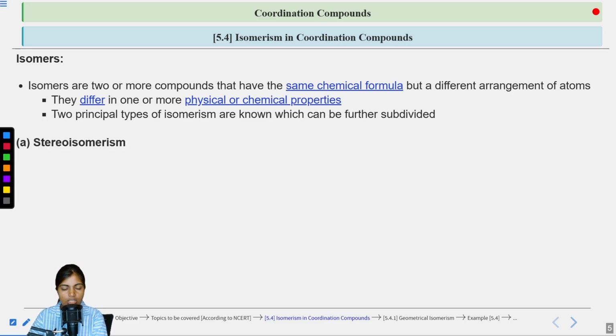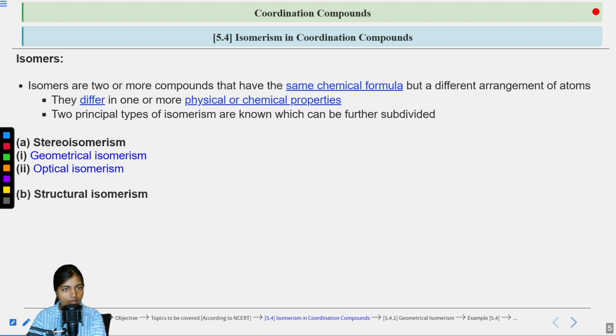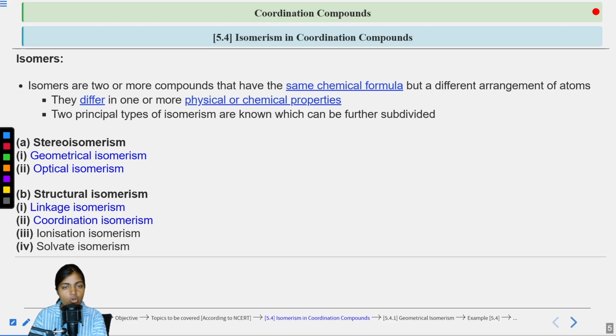The first principal type is stereoisomerism. In this, we cover the first type of isomerism as geometrical isomerism, then optical isomerism. The second principal type is structural isomerism, which we can subdivide into linkage isomerism, coordination isomerism, ionization isomerism, and lastly solvate isomerism.